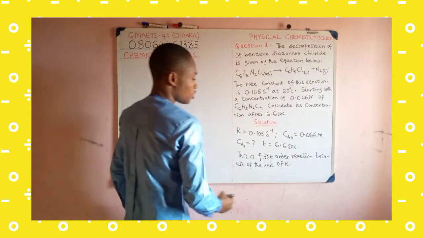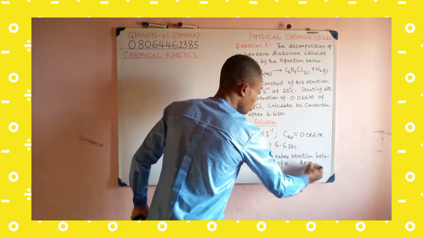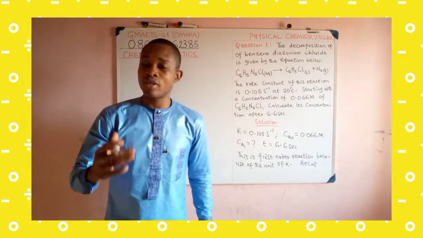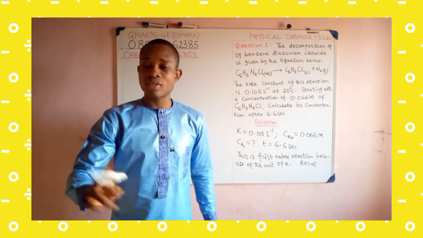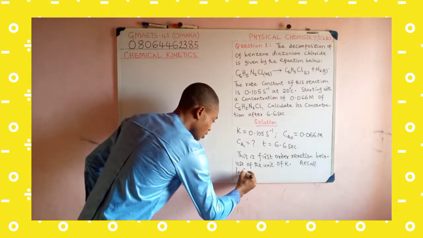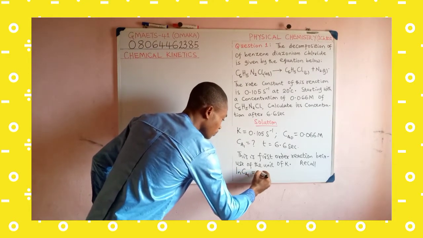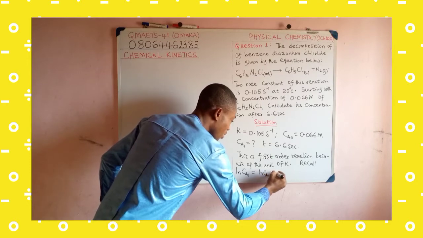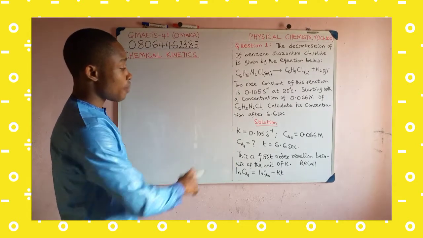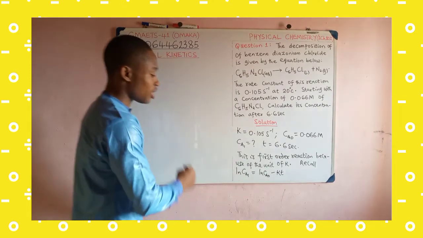So that being the case, we're now going to recall the formula for calculating the final concentration when a reaction is modeled in line with first order. That's going to be ln CA1 equal to ln CA0 minus kt. Now we know all the things in this equation apart from CA1, which is what we are calculating.